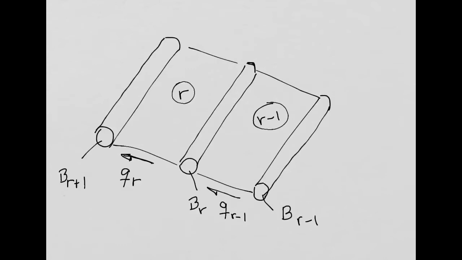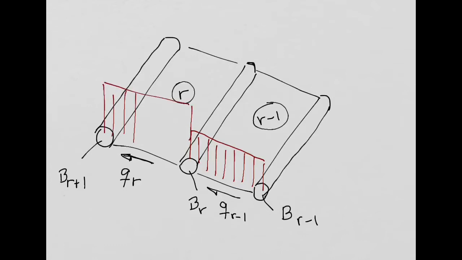If I try to draw here the shear flow QR minus 1, what I can say is that in this skin R minus 1, my shear flow is going to be constant and equal to QR minus 1. But when I cross this boom R, my shear flow in my skin R is going to be different because I cross the boom.